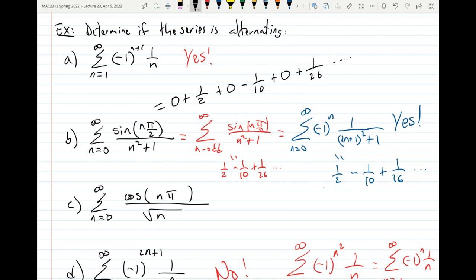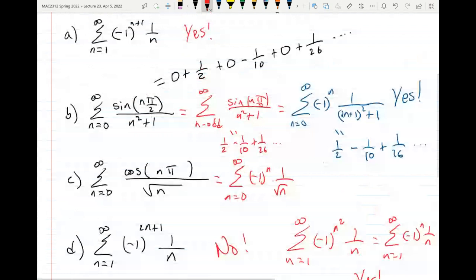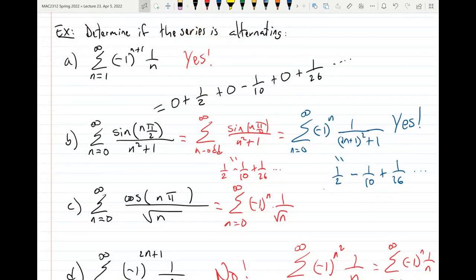So this is a fancy way of writing this one. So the first term is positive, right? You understand this? So cosine of n pi is the same thing as negative 1 to the n. When n is even, you get 1. When n is odd, you get negative 1. They are the same. So, yes, this is alternating.